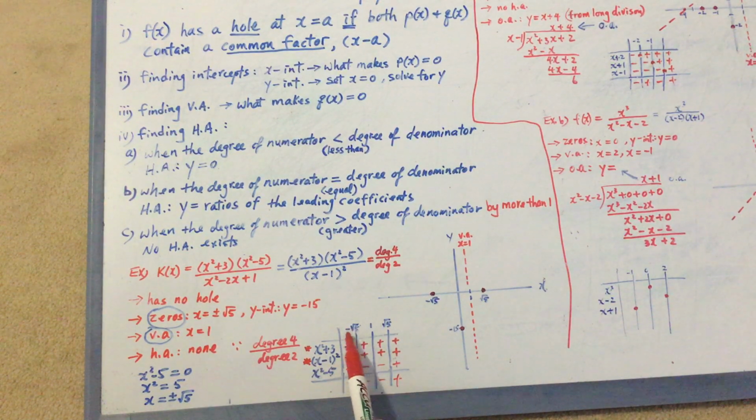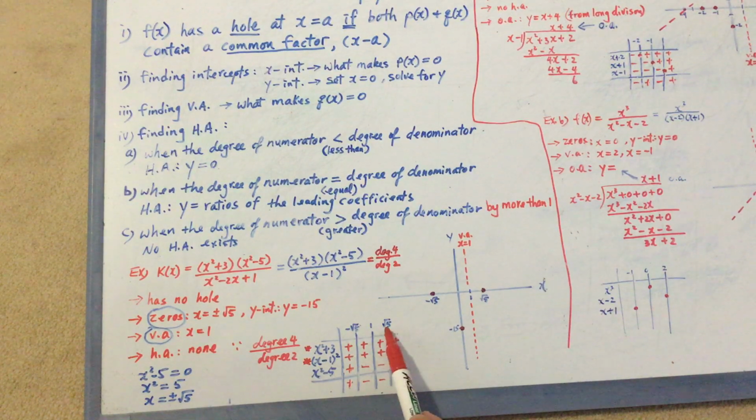For anything less than negative root 5, let's say negative 3, if you put in a negative 3, you see that 9 minus 5 will give you a positive. Any number between negative root 5 and 1, let's say 0, if you put in a 0 there, you get a negative. That's why this one is a negative.